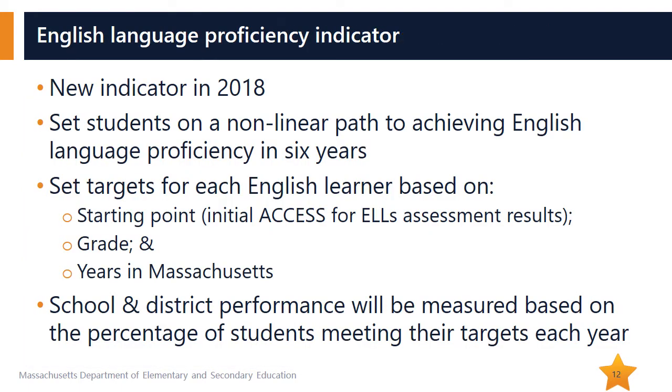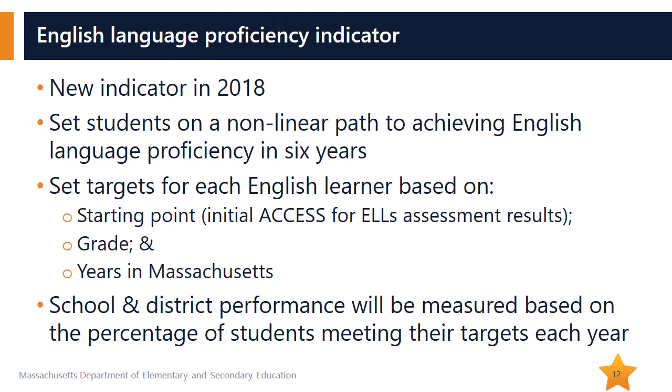The English Proficiency Indicator is a new accountability measure in 2018. As required by ESSA, this indicator will be used in accountability determinations for districts and schools that have at least 20 students who are English learners. For each English learner, targets will be set that place them on a path to achieving English proficiency in 6 years.